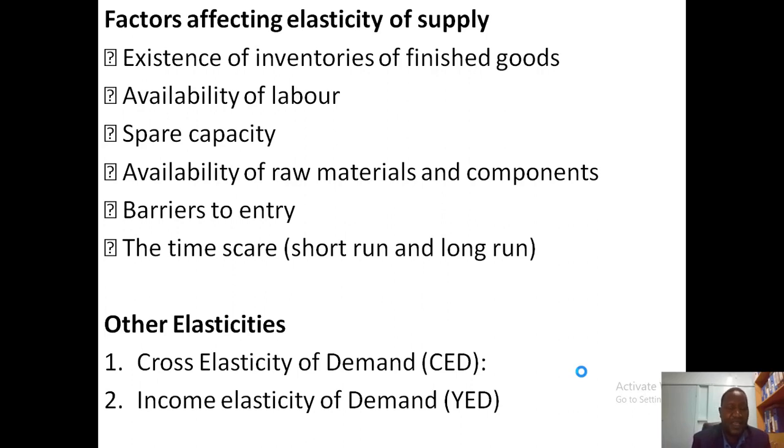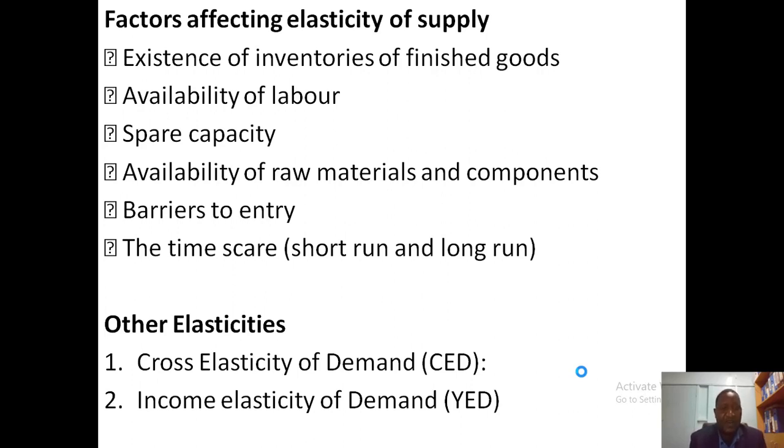Availability of labor. If labor and other resources are readily available for a company, the company can also easily adjust the supply levels, so supply there is elastic. If the company has spare capacity, supply will be elastic. If the company has readily available raw materials and other components, supply will also be elastic.